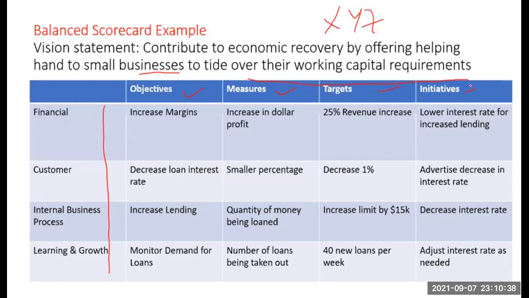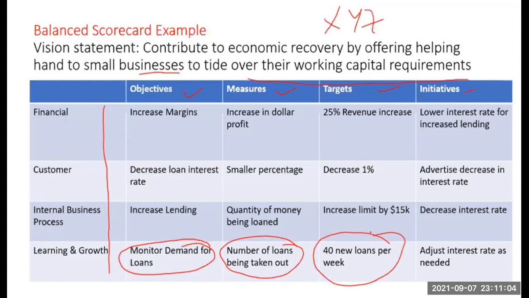We need to monitor the demand for loans, so we should have the ability to learn how to monitor the demand for loans. How do we measure that? The number of loans that are being taken out, the number of loans disbursed, maybe per month or per week. We define the target: 40 new loans per week.